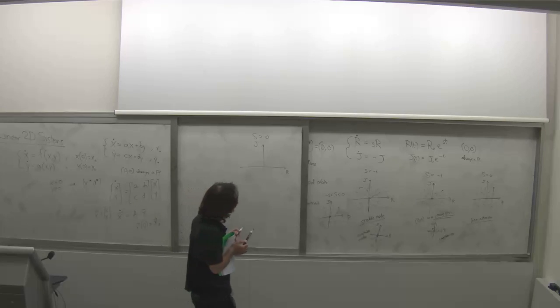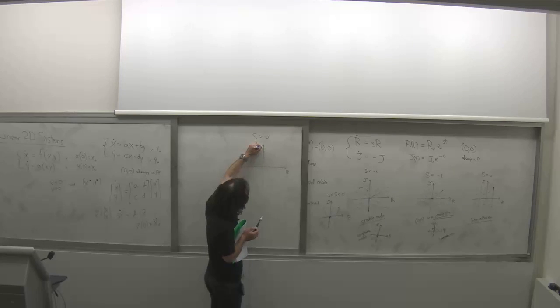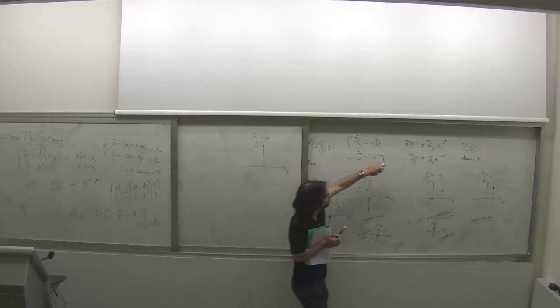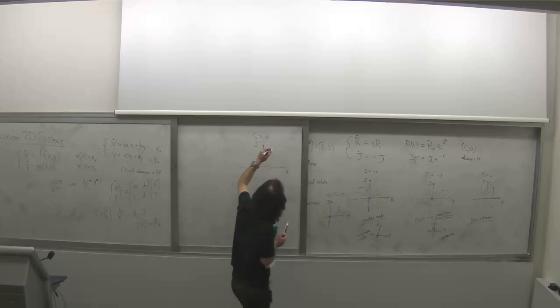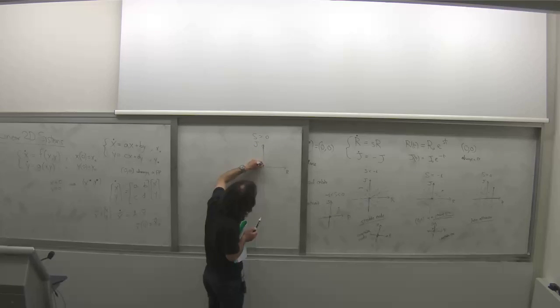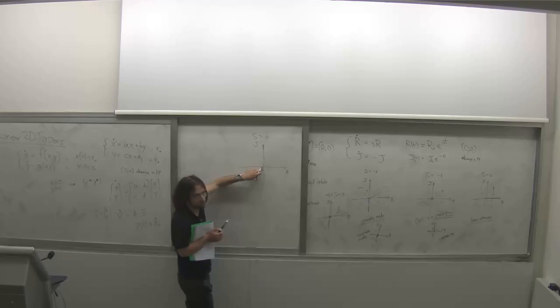So if I take the J-axis, then R0 is just 0, there is no change, and Juliet's feelings will decay on the J-axis towards 0. Okay?